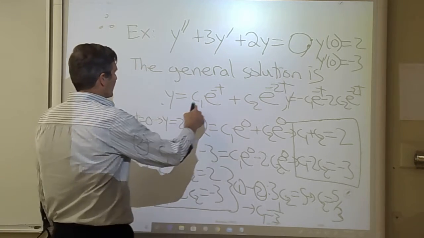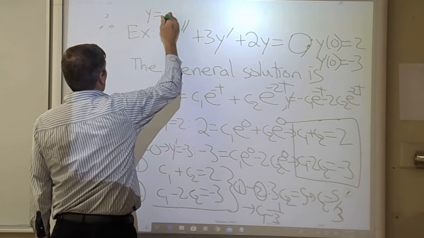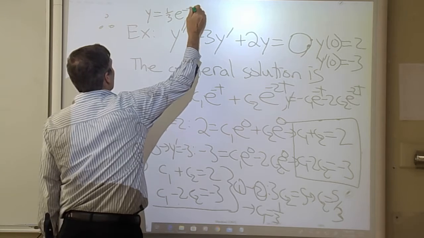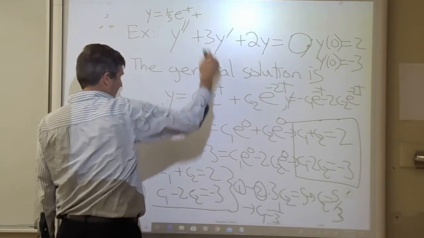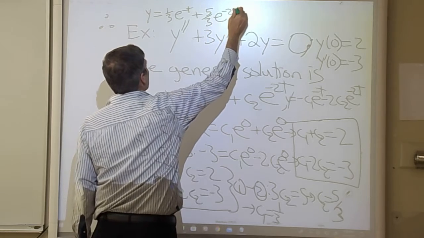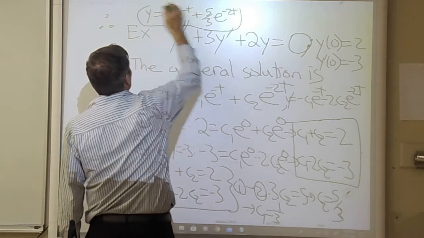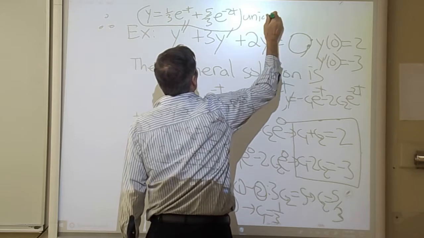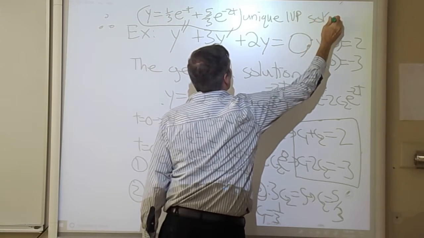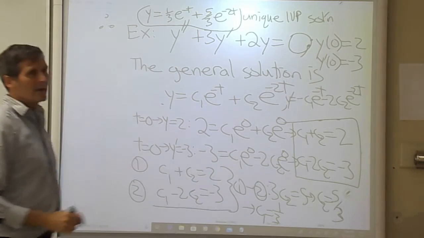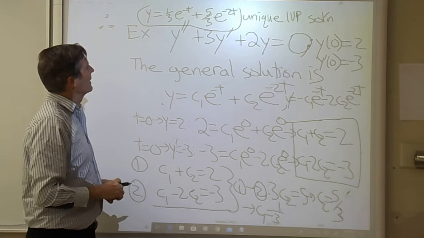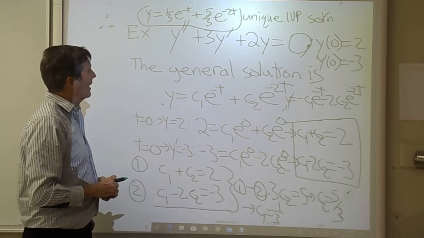So now I deduce, putting these in, that y equals 1/3 e to the minus t plus 5/3 e to the minus 2t. There's the unique initial value problem solution. Try the section 8.1 homework problems that I'm sending in the email here and see if you can do all these problems now.